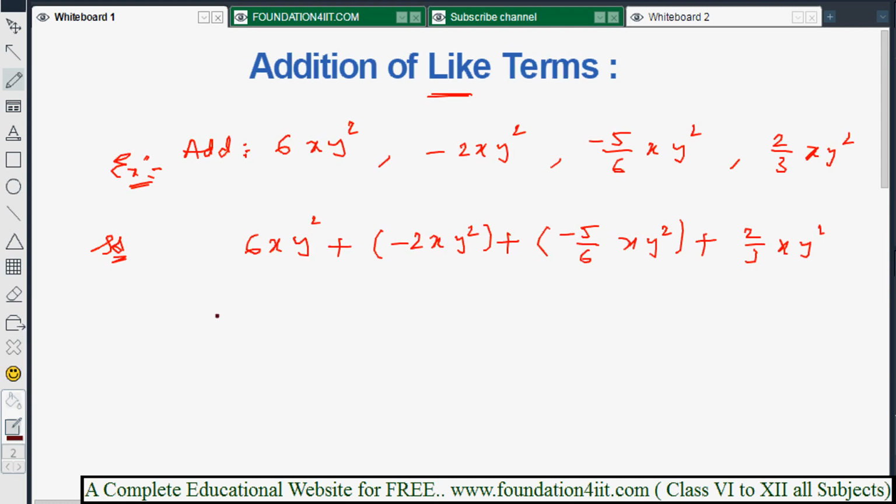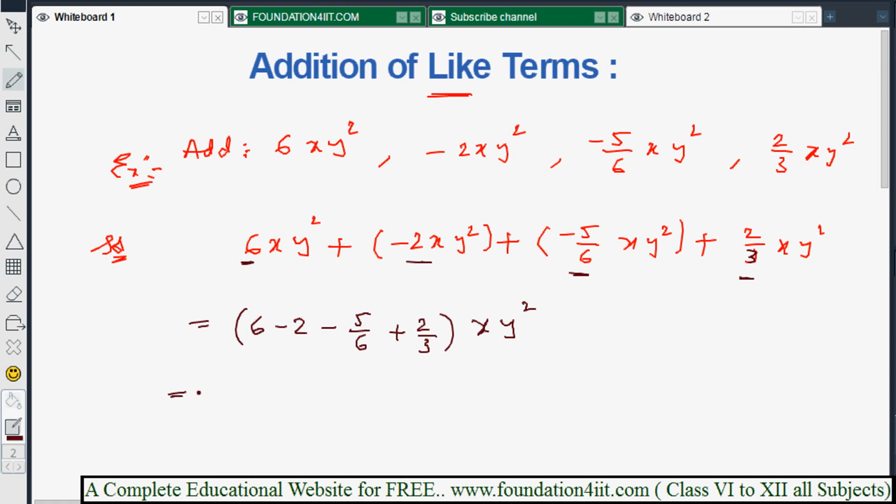Then we need to add all the coefficients first, since xy square is common for all 4 terms. The coefficients are 6, minus 2, minus 5 by 6 and 2 by 3. These 4 we need to add.